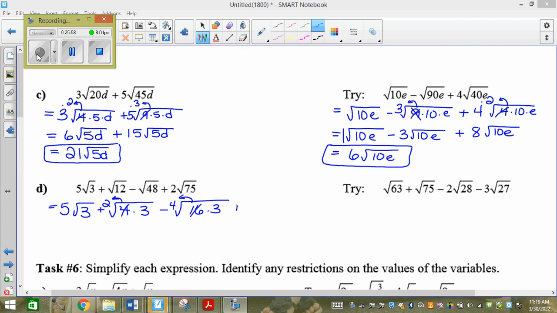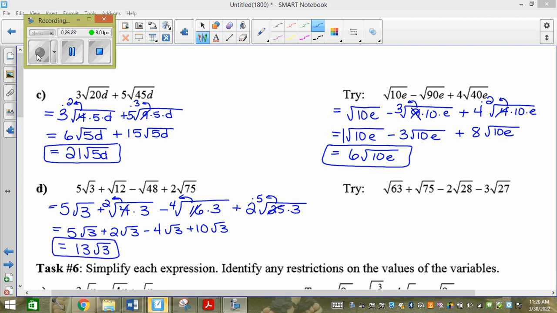And then 75 breaks down into 25 and 3. The 25 comes out and it's a 5. So I'm going to get 5 root 3 plus 2 root 3 minus 4 root 3 plus 10 root 3. And that's going to be 15, 16, 17 minus 4 is 13 root 3.